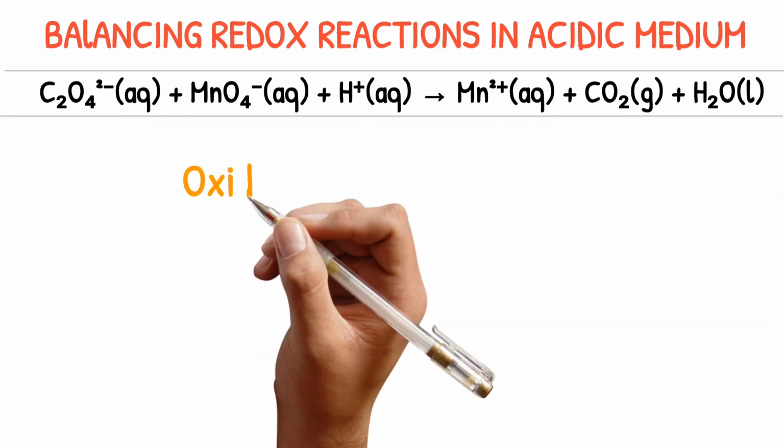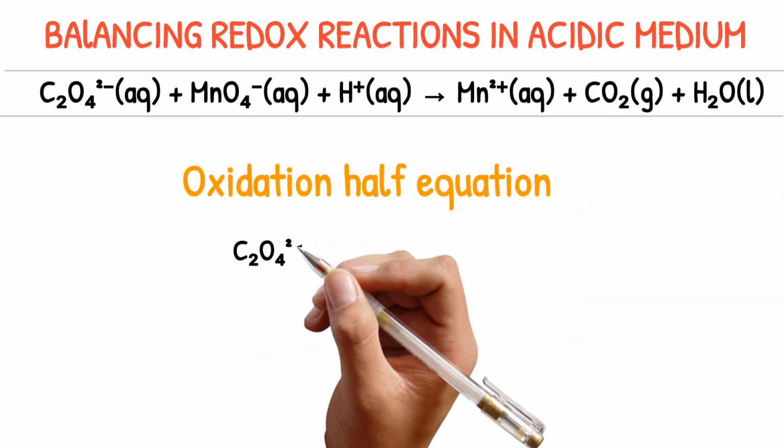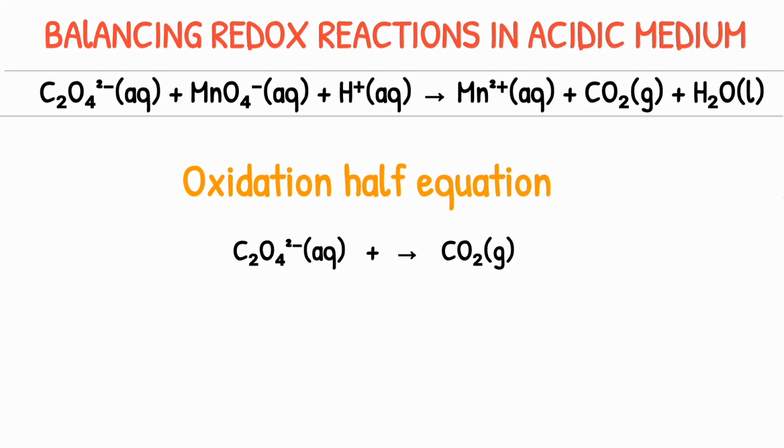So let's write our half equation for oxidation. This is our half equation for oxidation because the oxidation number of carbon in oxalate ion was 3 and then 4 in carbon dioxide. That was an increase in oxidation number from 3 to 4.